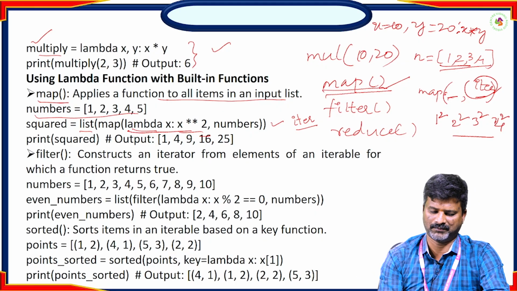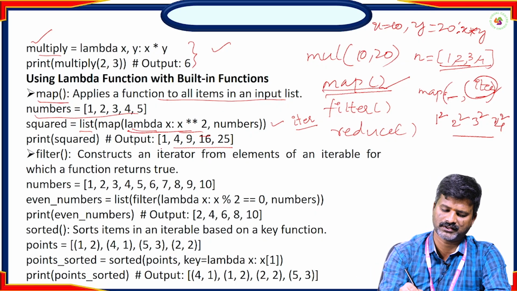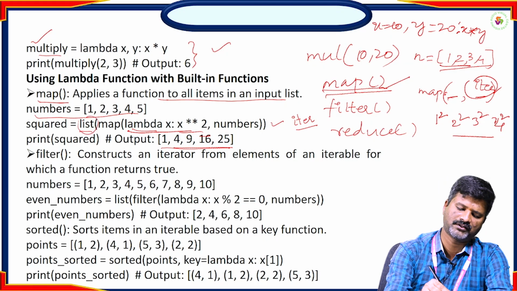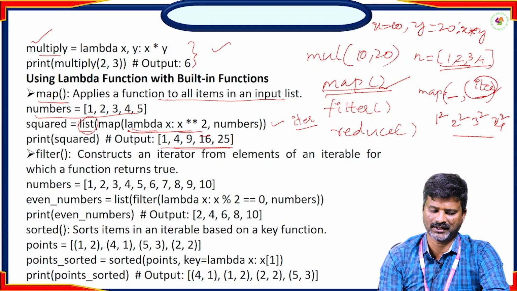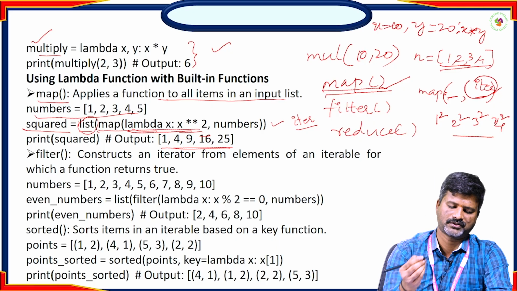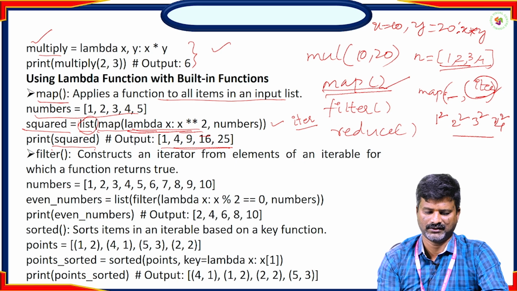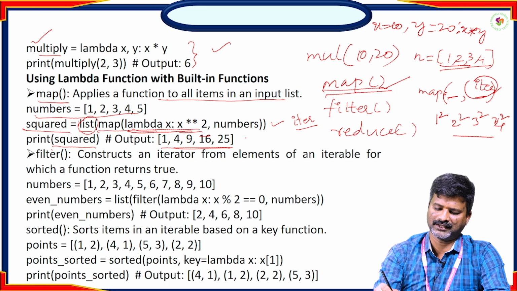It won't return this output. So whenever you want to get this output, you need to convert it into a list. That's why we are using list of this entire map, and that result will be stored in squared. When you are printing squared, you will get it like this. And that is about map.